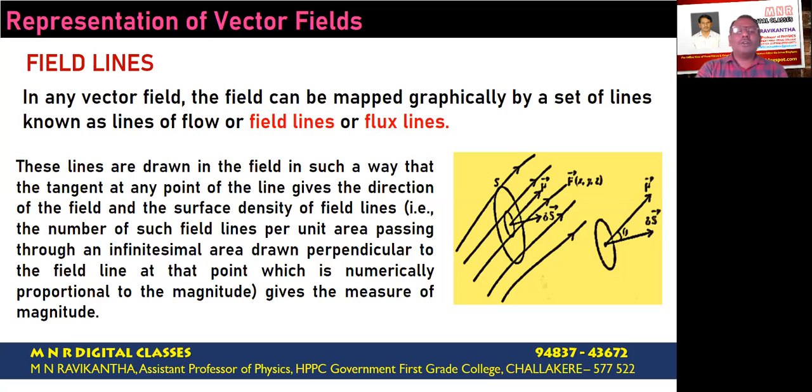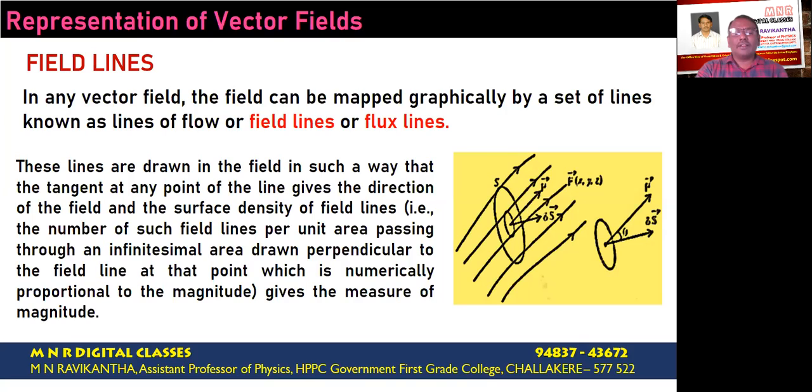If we want to know the magnitude and direction, we have a simple procedure here. If we want to know the direction of the field at any particular point in space, draw a tangent to these field lines. The tangent at any point on the line gives the direction of the field, and the surface density of the field lines gives the magnitude.